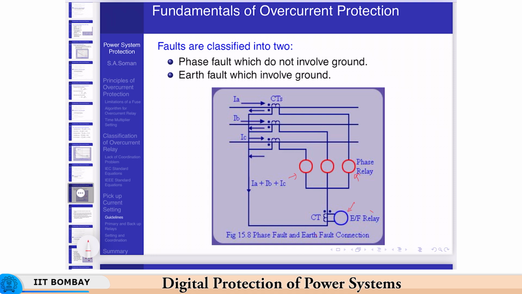Now, coming back here, this is the kind of setup that you would require in an electromechanical relay type. However, in a numerical relay, it is simply the earth fault, because you have all the phase currents. You can have 3 I naught equal to IA plus IB plus IC, and you can do this programmatically in the numerical relay.